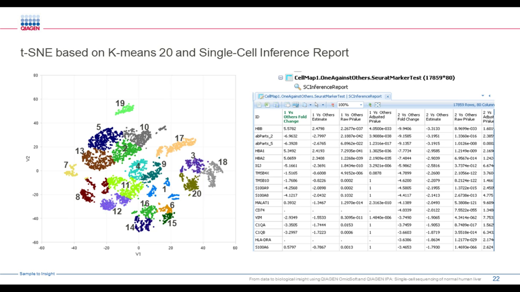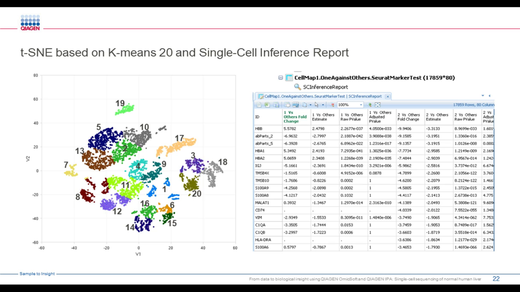So this is what the first t-SNE, based on the k-means 20, was obtained after curating that single cell analysis of a normal human liver. And that matched exactly what the paper has found: multiple clusters for hepatocytes, for endothelial cells.